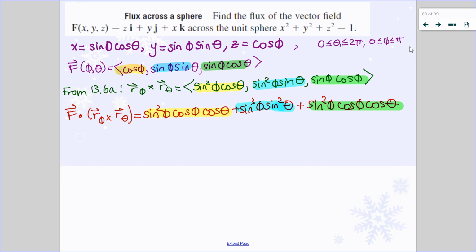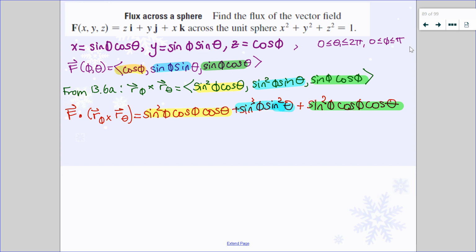All right, so check your products there. And again, careful consideration of what's a phi and what's a theta, because that's very easy to just make a horizontal line, a vertical line there. All right, questions on that dot product?